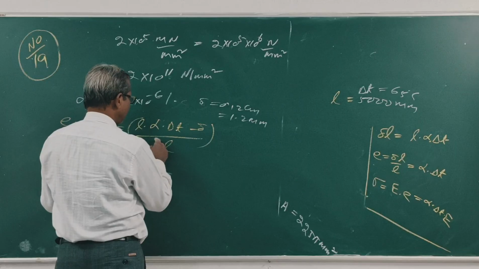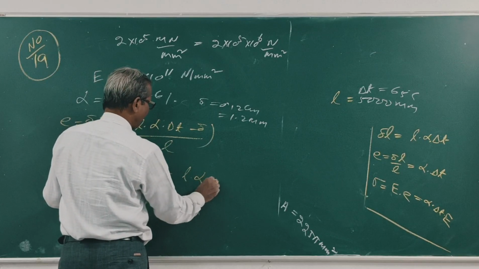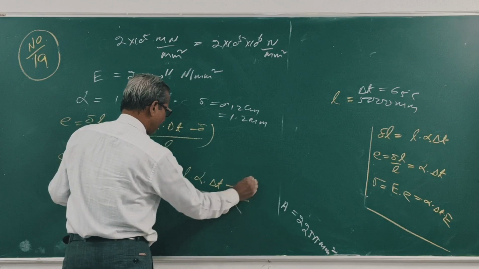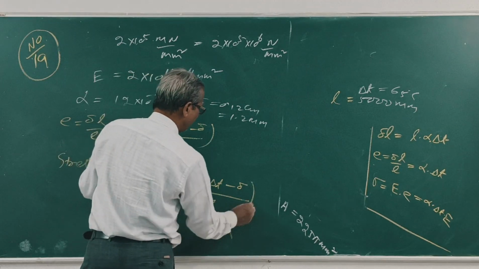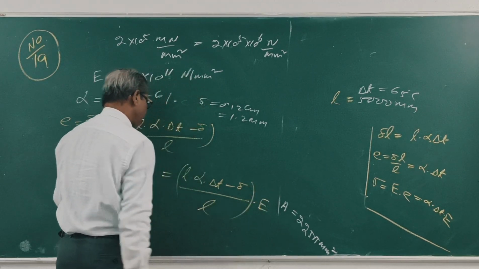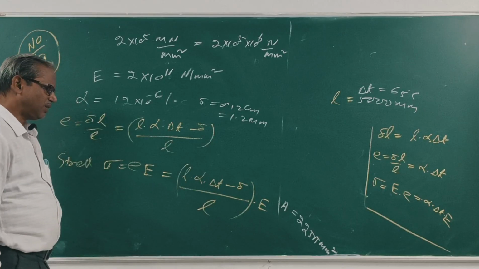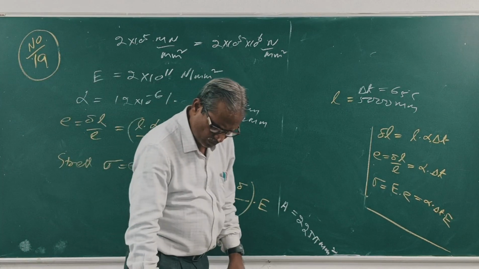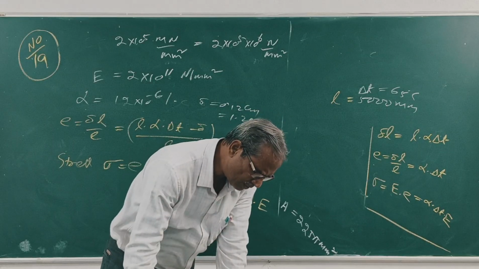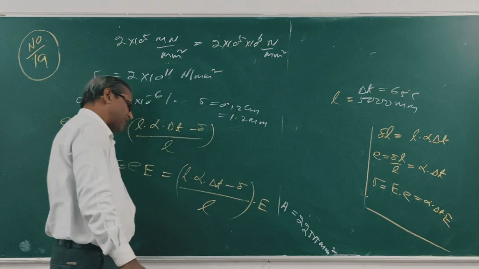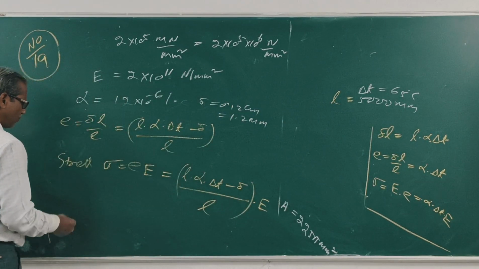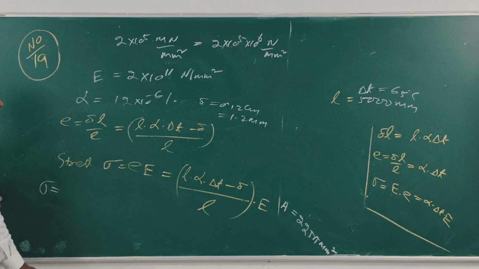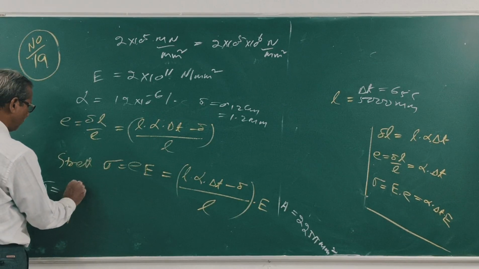This is (L alpha delta t minus delta) by L into E. Clear? You put all the values and get the answer. So stress is equal to L, what is L? 5000.